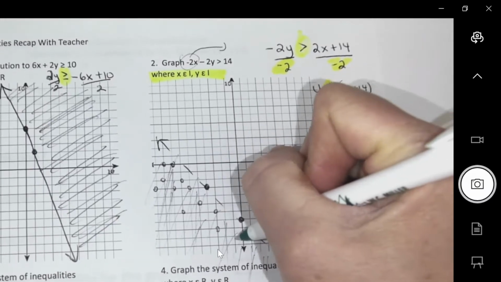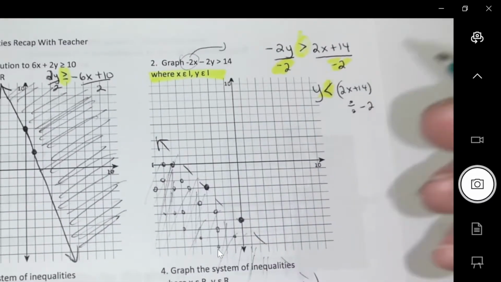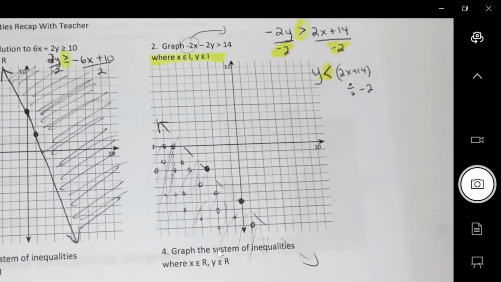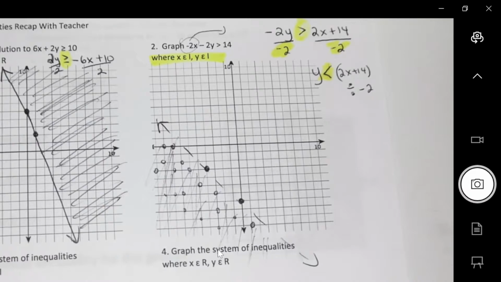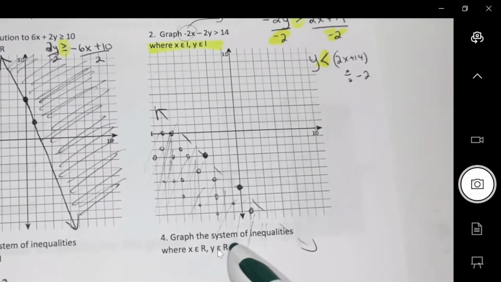So I'm going to stipple it, and obviously I'm not going to spend my entire day doing every single point, but that shows you I'm only picking the integers in that region. Okay, so I better see either full out shading for real or dots for integers or whole numbers, whatever you got.